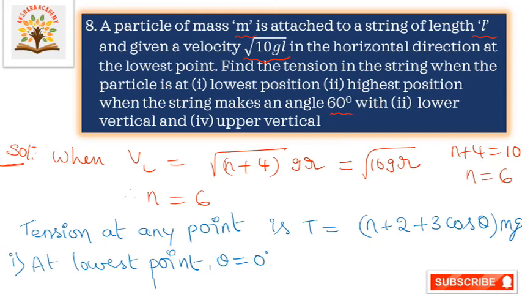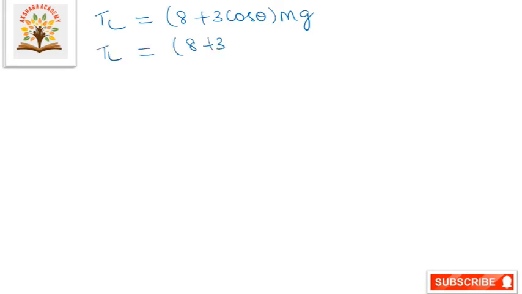So T_L is equal to (6 plus 2 plus 3 cos theta) into mg. Now 6 plus 2 is 8, so 8 plus 3 cos theta into mg. Here theta is 0, cos 0 is equal to 1, so T_L is equal to (8 plus 3) into mg. So at the lowest point we get 11 mg.